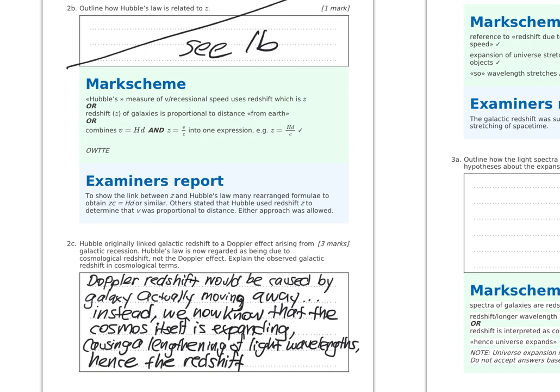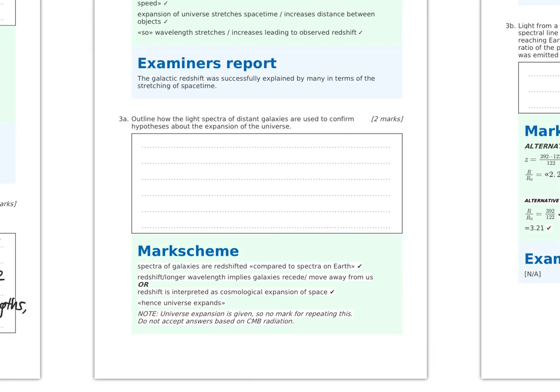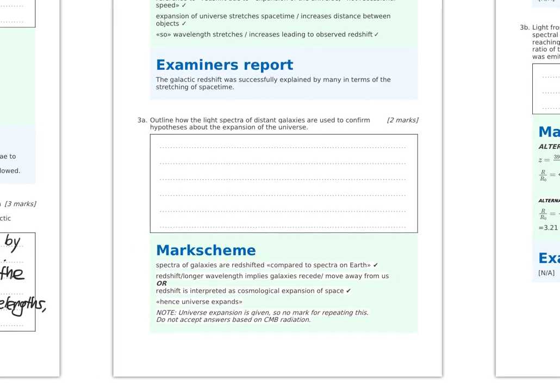All right, so here's 3A. The mark scheme explains it pretty well.